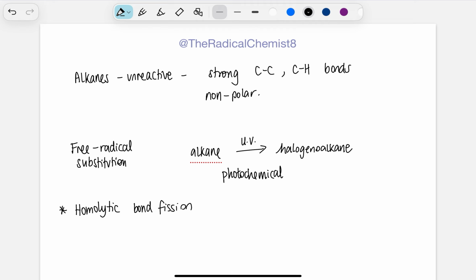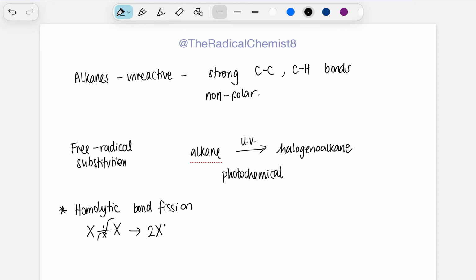This is when your covalent bond breaks and the two electrons in the bond are shared between the two atoms. So if you've got a covalent bond between X-X, both of these will be shared equally, forming your free radical. In this case as well, remember the definition of a free radical: this is a species with one or more unpaired electrons.